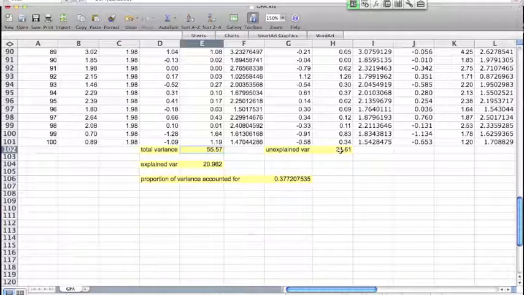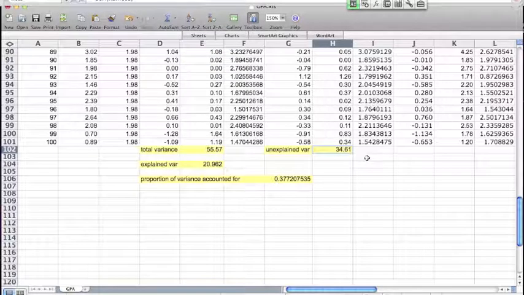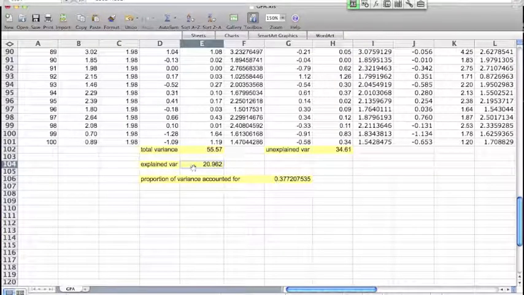So now we want to say, what's our r squared? In other words, what's the proportion of estimated error that we save with our prediction? So our current estimate of error is 34.61. And our previous estimate of error with no predictors was 55.57. And so now if we subtract 34.61 from 55.57, we get 20.962.